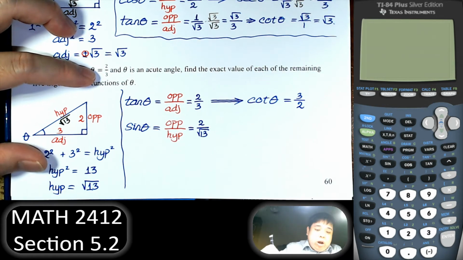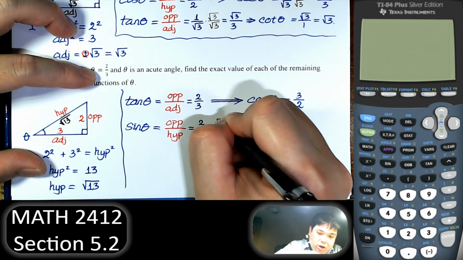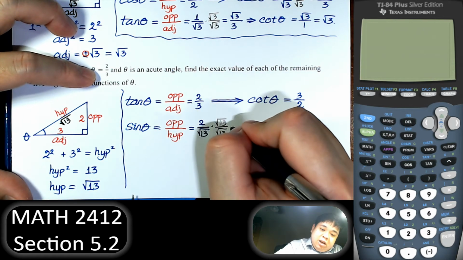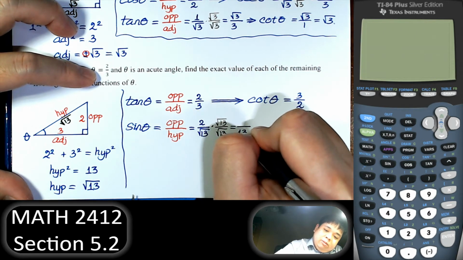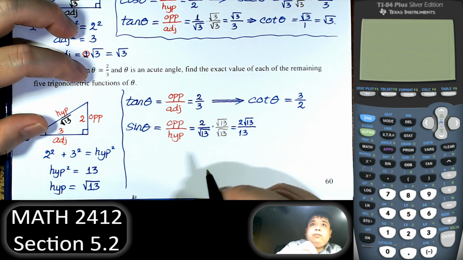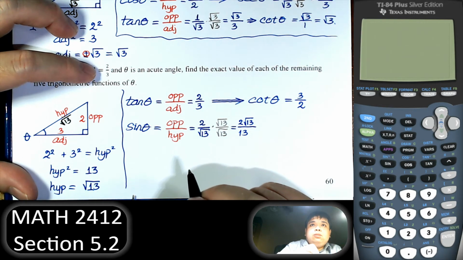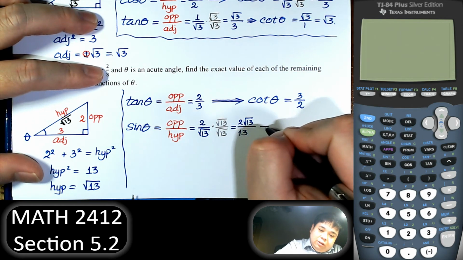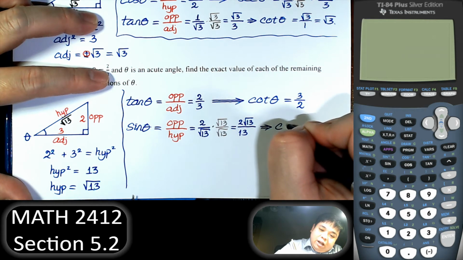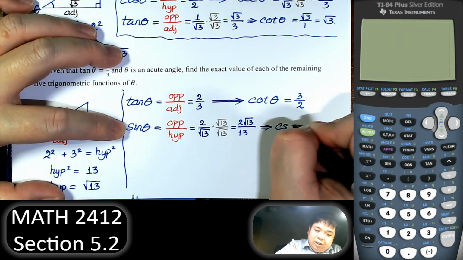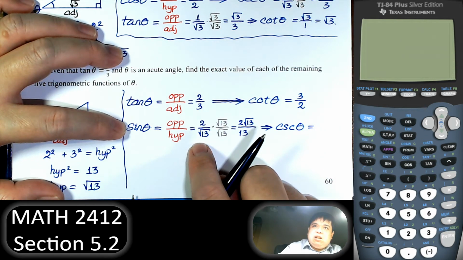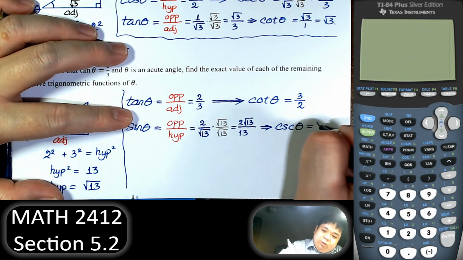If we don't like the square root at the bottom, we can multiply square root of 13 top and bottom, so that we have 13 at the bottom, then 2 square root of 13 over 13. So sine, reciprocal of sine is cosecant. I use this instead. I just have square root of 13 over 2.